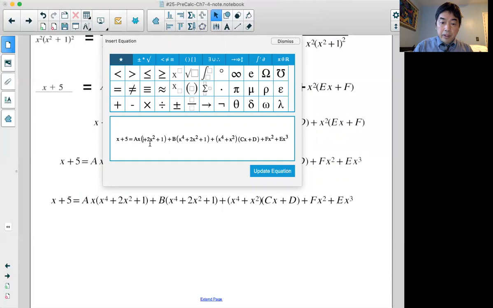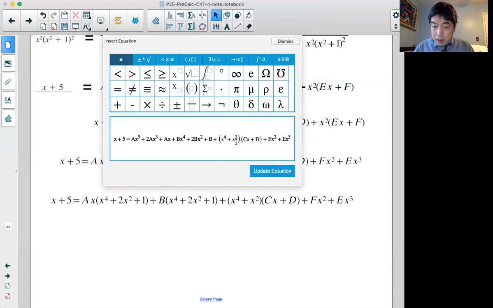So you're multiplying only the a. ax to the third power, and ax here. Okay, so this is b times x to the fourth power is bx to the fourth. Only you multiplying b. 2bx squared, and this one becomes b.